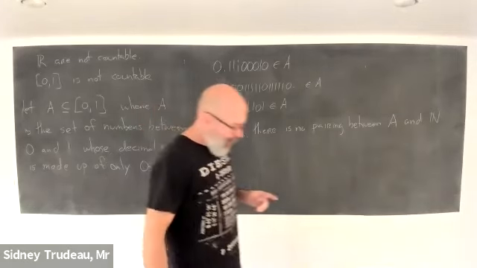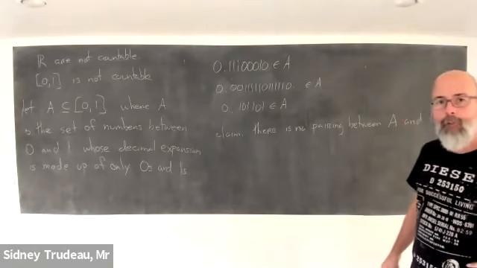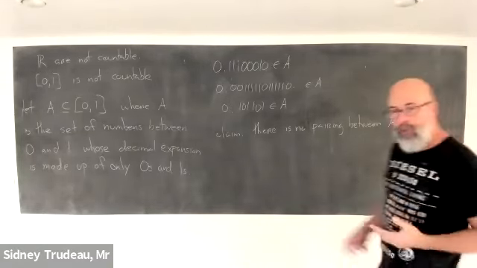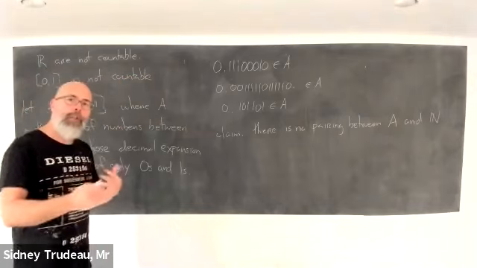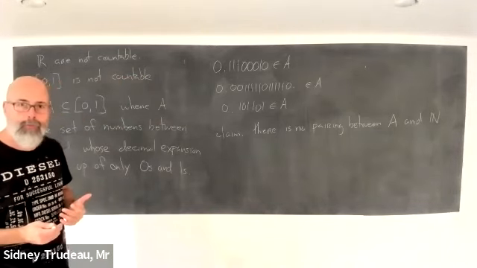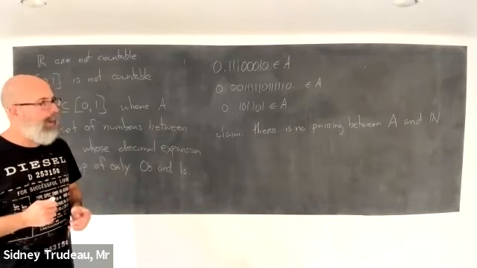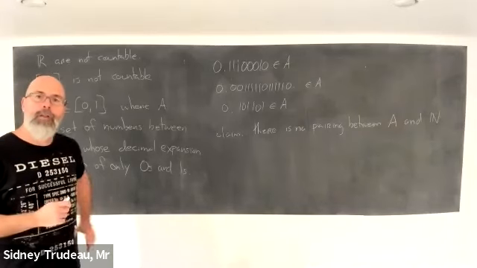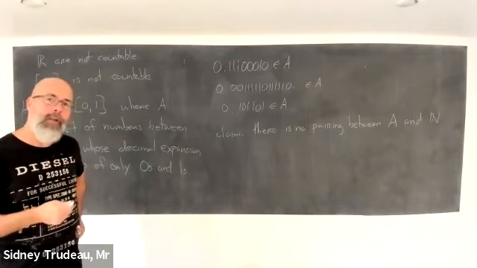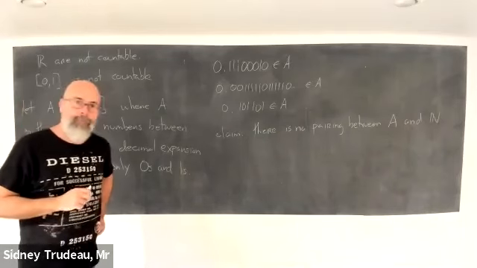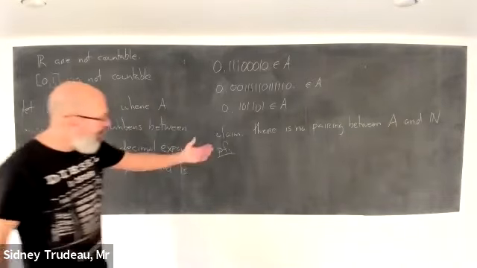We're going to prove that by the same trick we used last time with the buses, right? What did we do? We assumed that there was a pairing, and then we constructed a bus which didn't have a room associated to it. Same thing here. We're going to assume there is a pairing, and we're going to construct a number in A that isn't attributed to any of the natural numbers. So suppose there is a pairing.